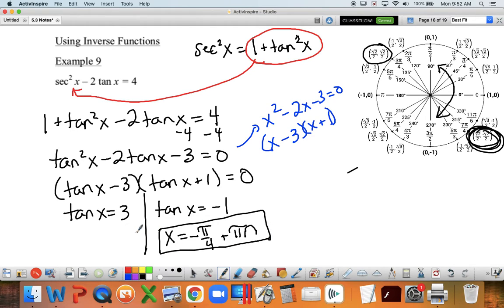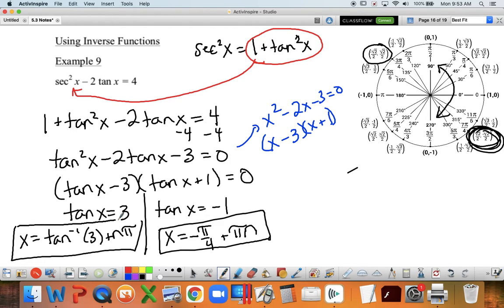Now, tangent of x equaling 3, that is not on our unit circle, but it does exist. Remember if you think about tangent, our range for tangent goes from negative infinity up to positive infinity. So we can get a tangent value of 3. So all you have to do in that case is say x is equal to arctan of 3, or inverse tan, whichever notation you like best, plus n pi.